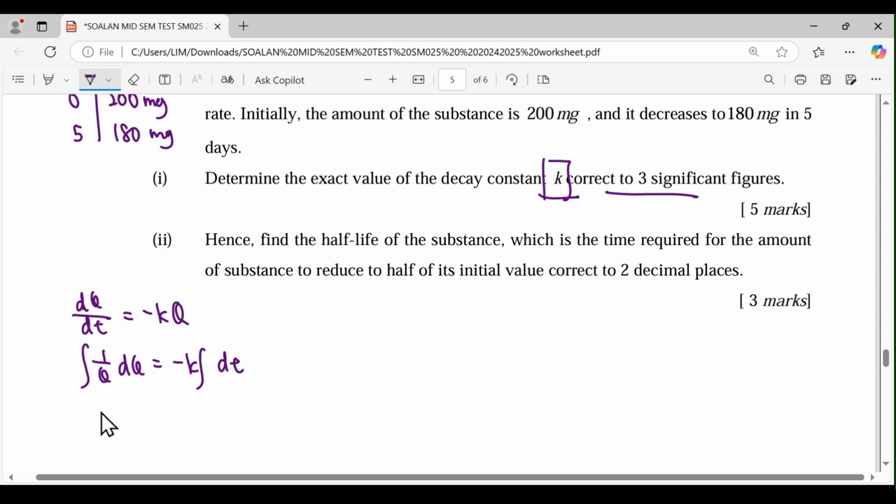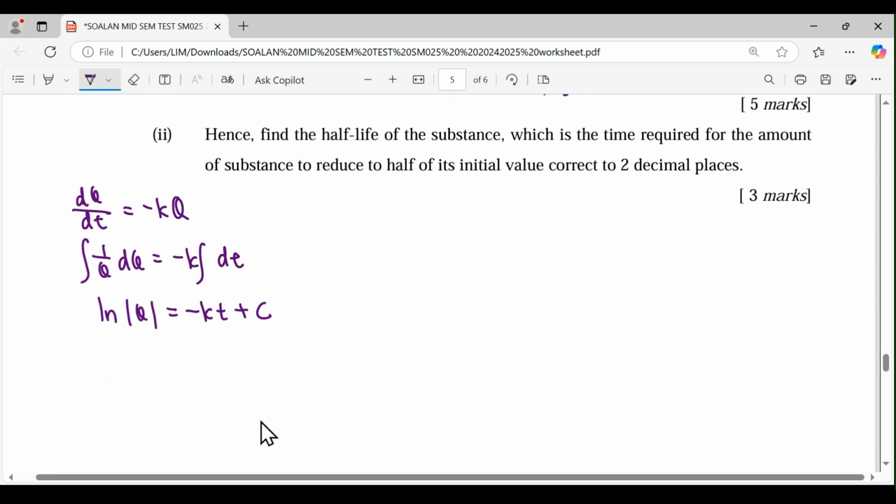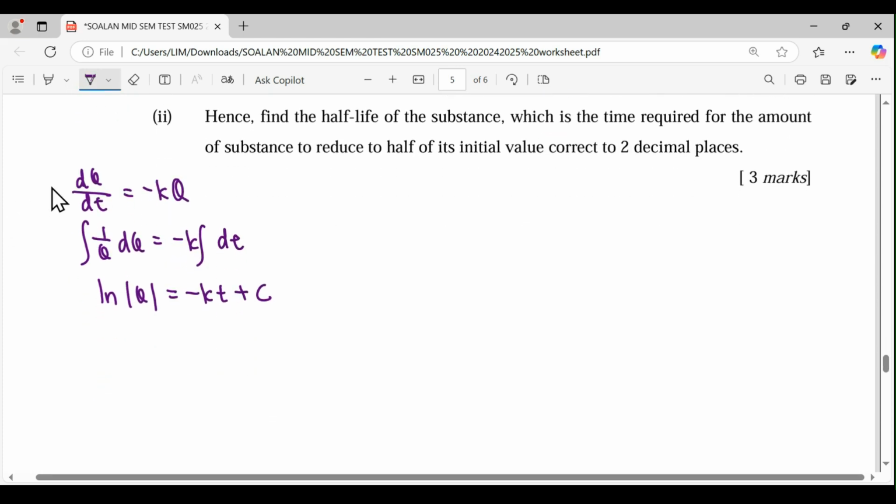And we integrate both sides, we get ln Q equals negative kt plus c. So we try to solve it to get the value of k. So to unlock this, it will be base e, then all these become the power.